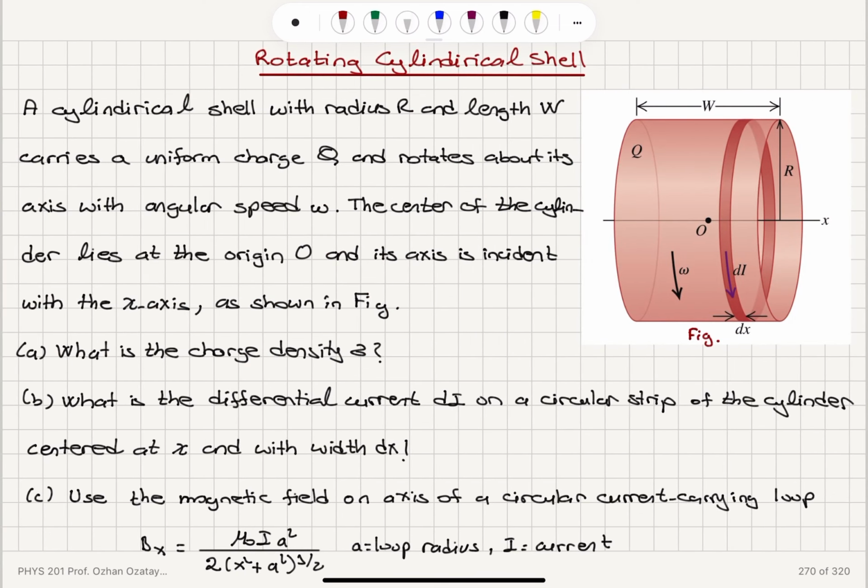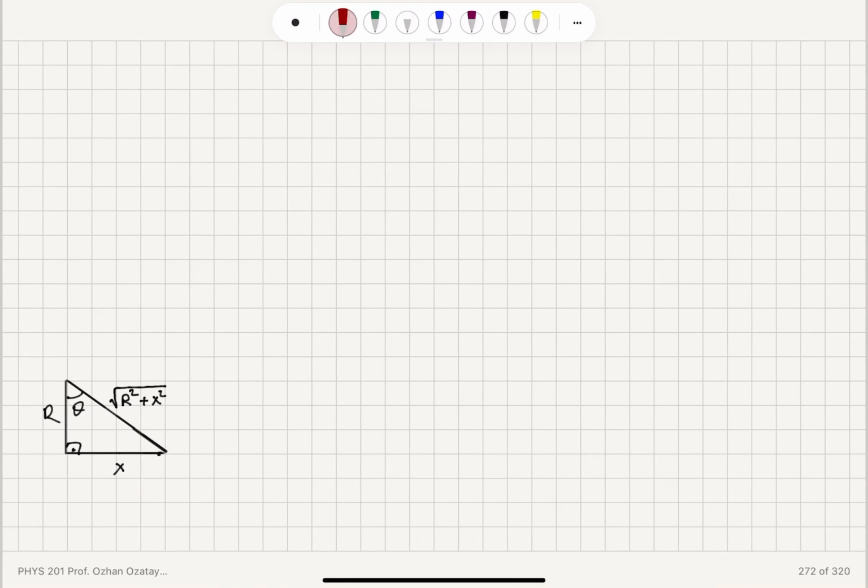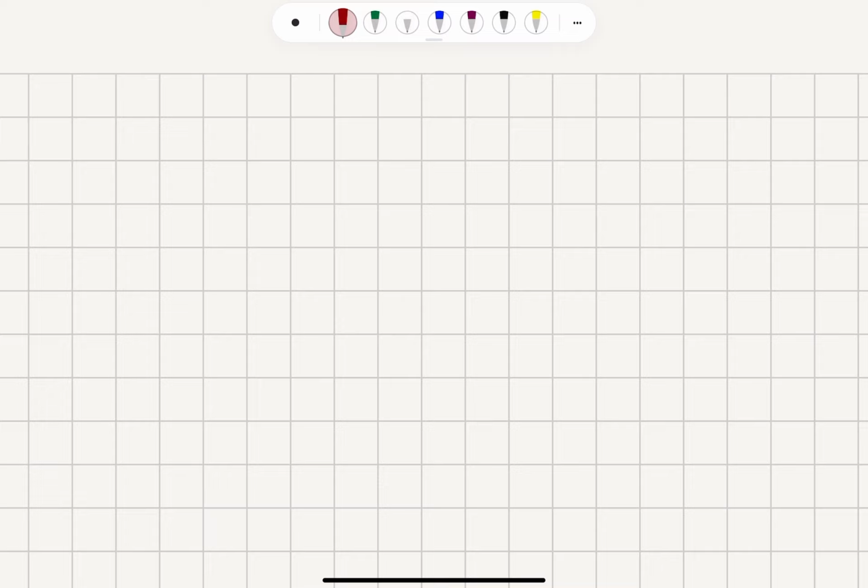Part C, use the magnetic field on axis of a circular current carrying loop, mu 0 I a squared over 2 times (x squared plus a squared) to the 3 halves. a is the loop radius, I is the current. So we're going to use this result to write an expression for the differential magnetic field dB at the origin due to this strip. Let's copy this answer.